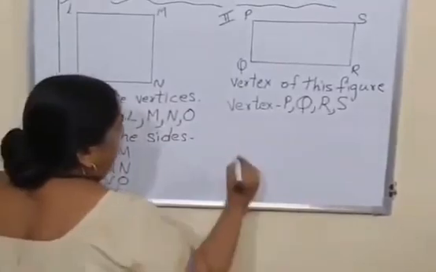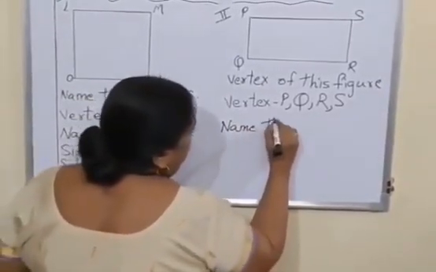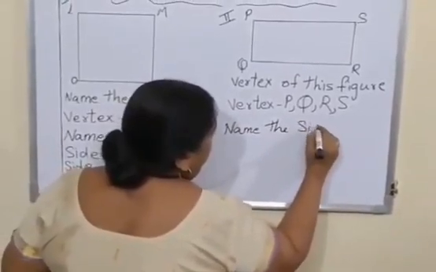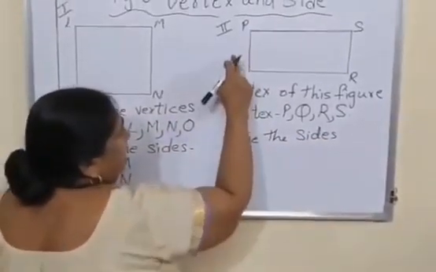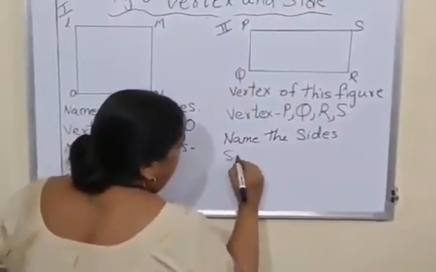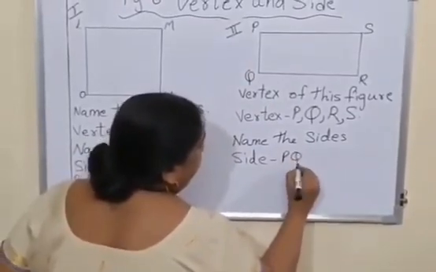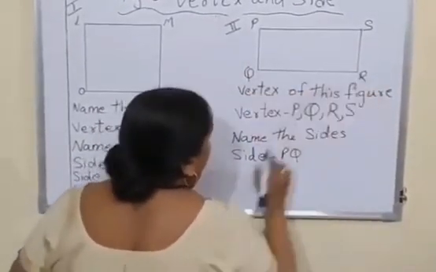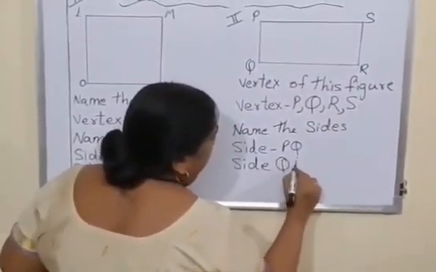Okay. Now name the sides. Let us take from here. Side PQ. You can write here side PQ. Then side QR. Side QR.